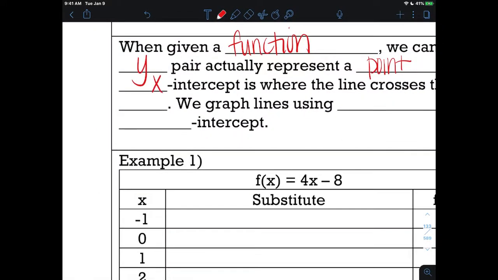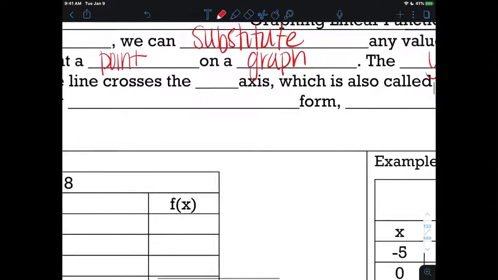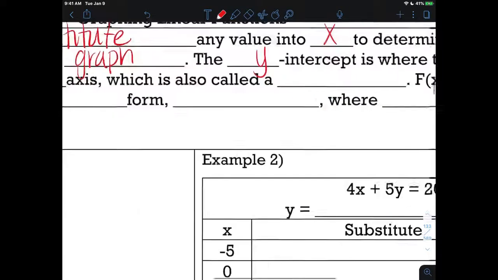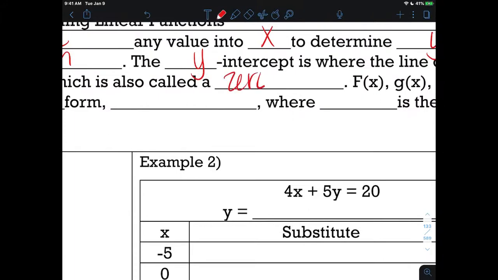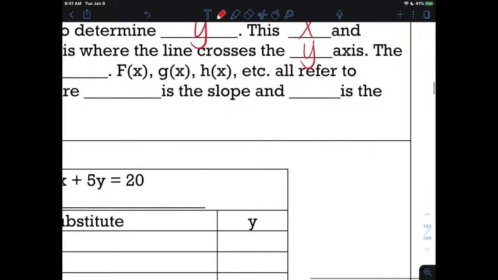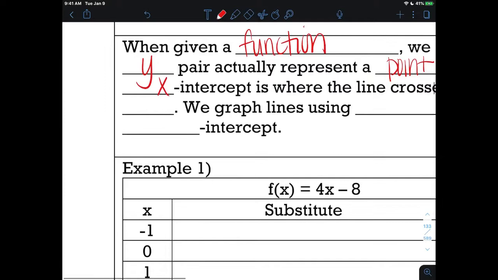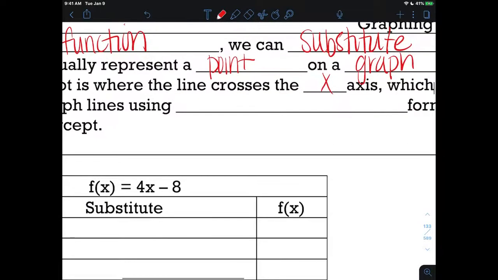The x-intercept is where the line crosses the x-axis, which is also called a 0. F of x, g of x, h of x, etc. all refer to y.